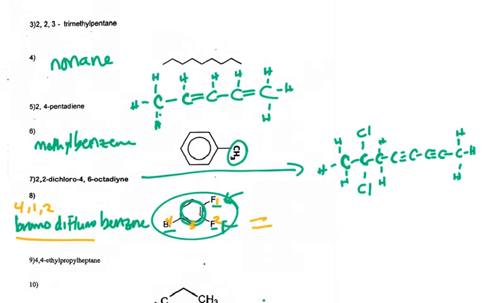So my name is going to be 4, 1, 2, bromo, difluorobenzene. I know that one's hard. You guys won't see one like that hard on your tests or anything, but just good practice. All right, as you work through this, please let me know if you have any questions.